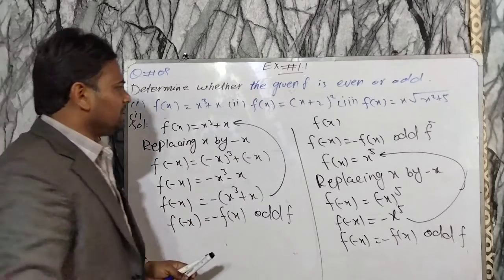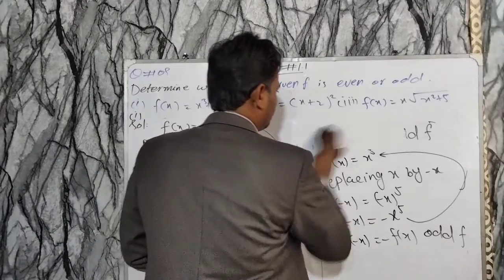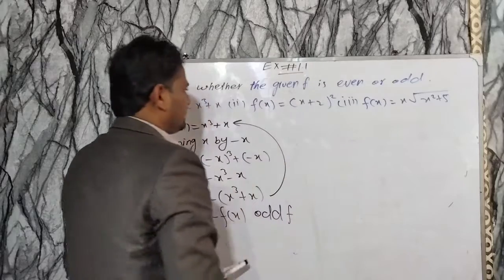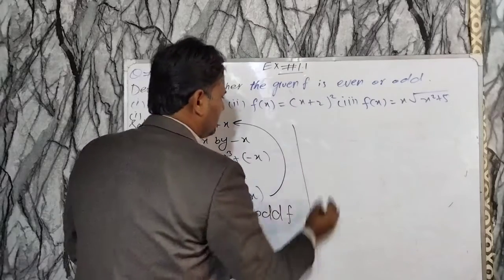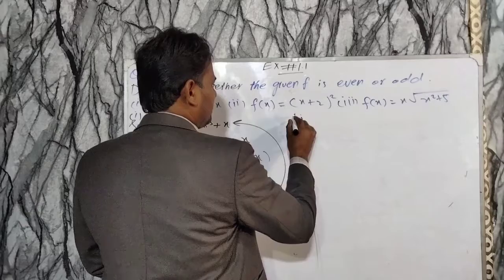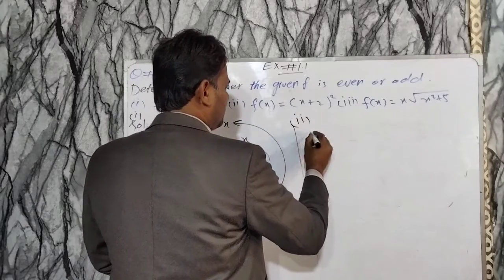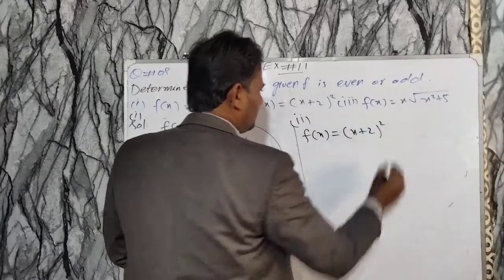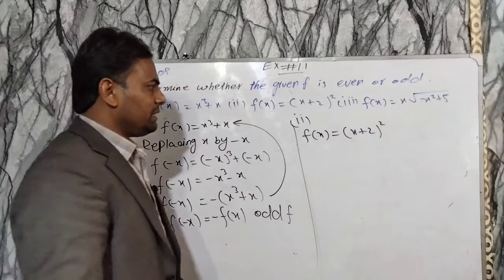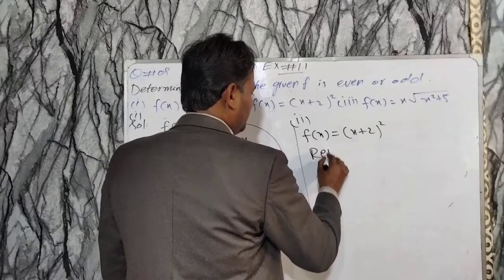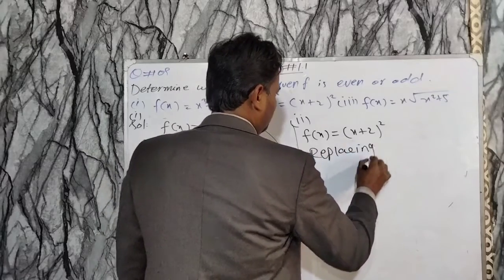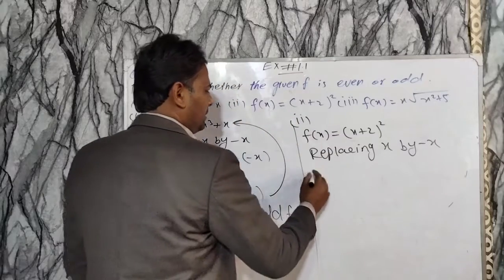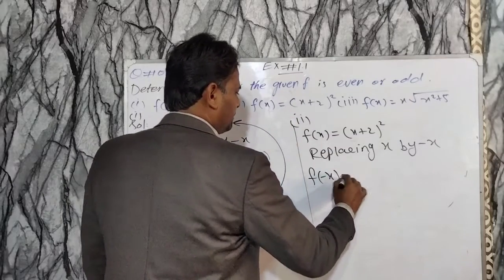Now we take the second example. The second part is f of x equal to x plus 2, whole square. This is the second part of this question, x plus 2 whole square. Now I am going to replace x by negative x. Now we see what happens with this function.